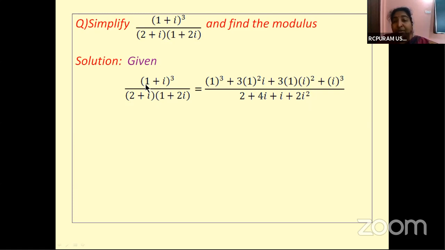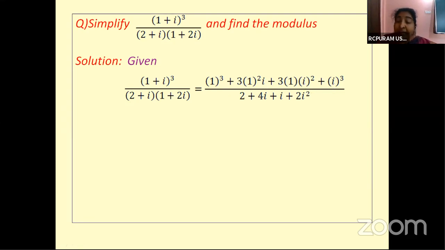Then in the numerator, you have the (a plus b) whole cube form. Then it will be taken as 1 cube plus 3 into 1 square into i plus 3 into 1 into i square plus i cube. This is nothing but a cube plus 3a square b plus 3ab square plus b cube.